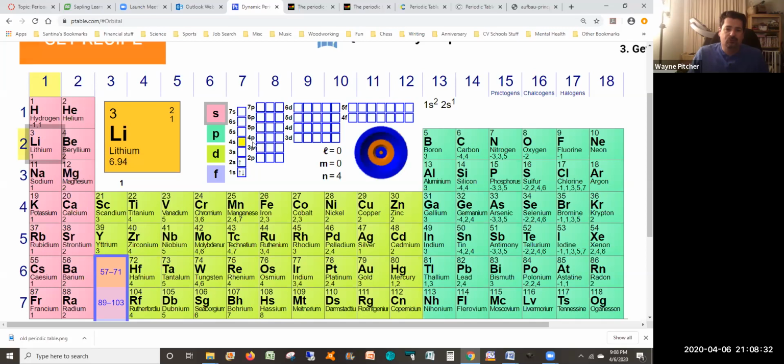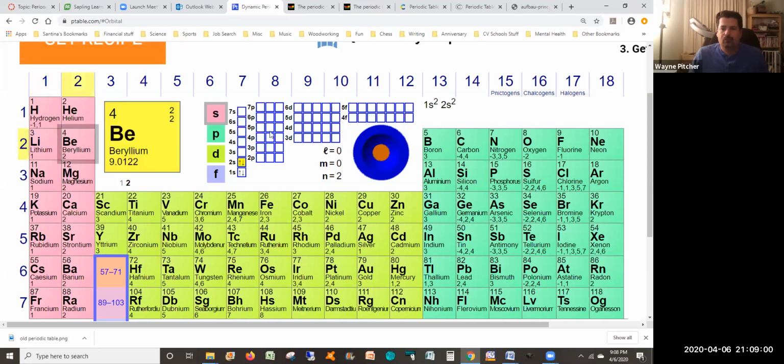Then I actually do 4s before doing 3d, and then 4p. And we'll take another look at a little device to help remember that. But if you ever forget what order you want to fill up your orbitals, you can look at the periodic table. The periodic table tells you I fill up 1s first. Helium was moved over here just to lump it in with the rest of the s block.